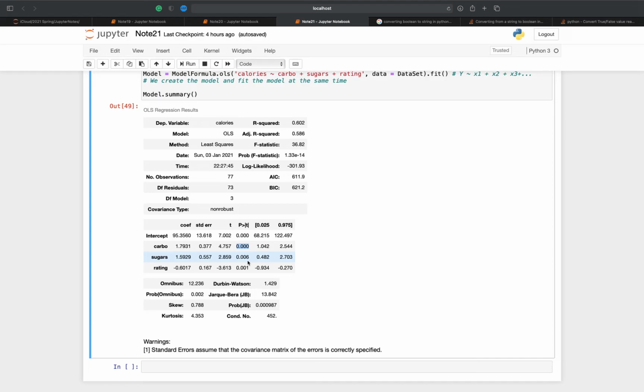The null hypothesis in this case for each of them is that the coefficient of, for example, sugar equals 0, the coefficient of carb equals 0, the coefficient of rating equals 0. So if I reject the null hypothesis, that means the coefficient of rating on the calorie in the model is not 0. The coefficient of sugar is not 0.